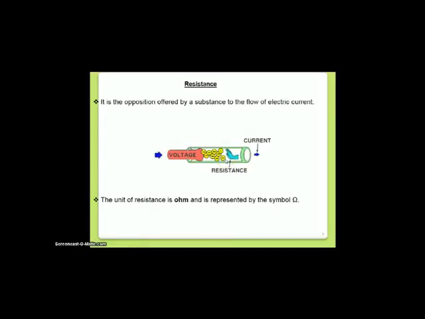The unit of resistance is ohm, represented by the Greek symbol omega, and it is often represented by the zigzag line looking like a speed breaker.